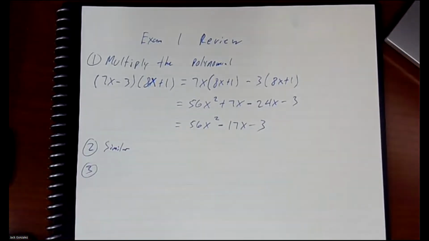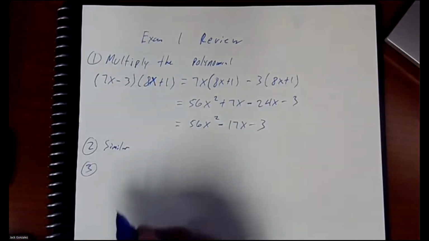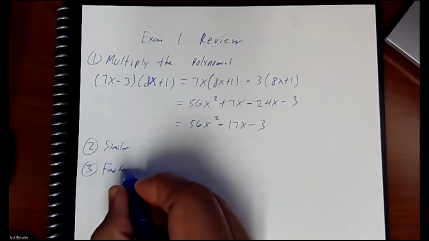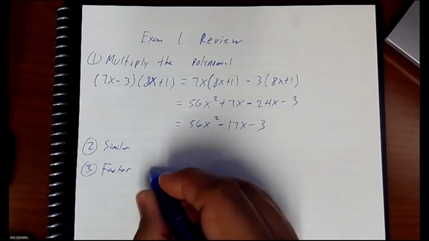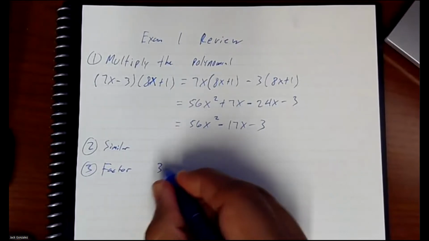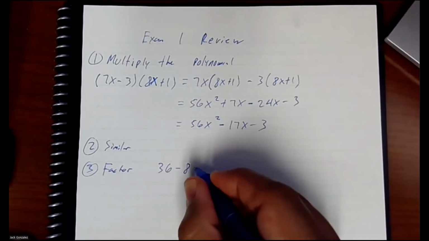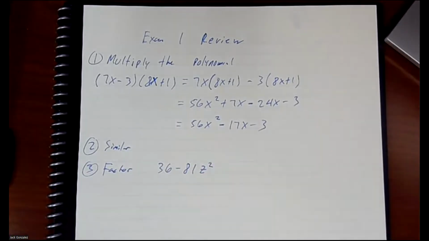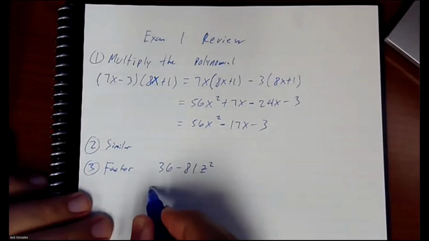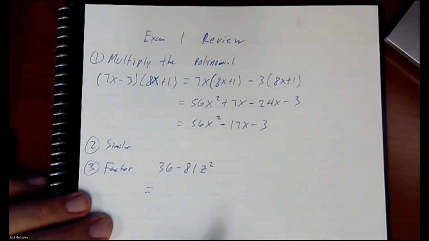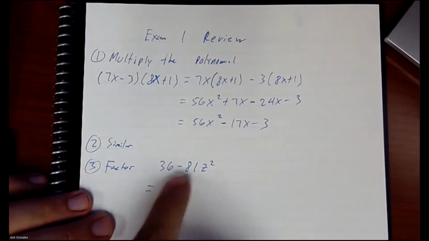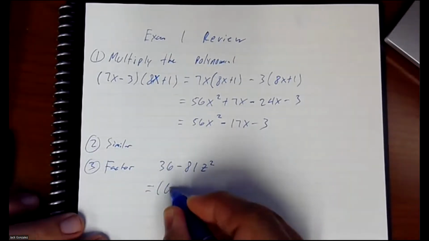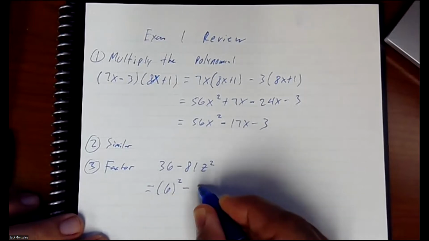Number 3 is factor using the difference of 2 squares. So this is like the review sections at the beginning of the semester. So you have a few of these. Whenever you have a difference of squares, you have to factor everything into 2 squares and then apply your formula. So this will be 6 minus 9z.